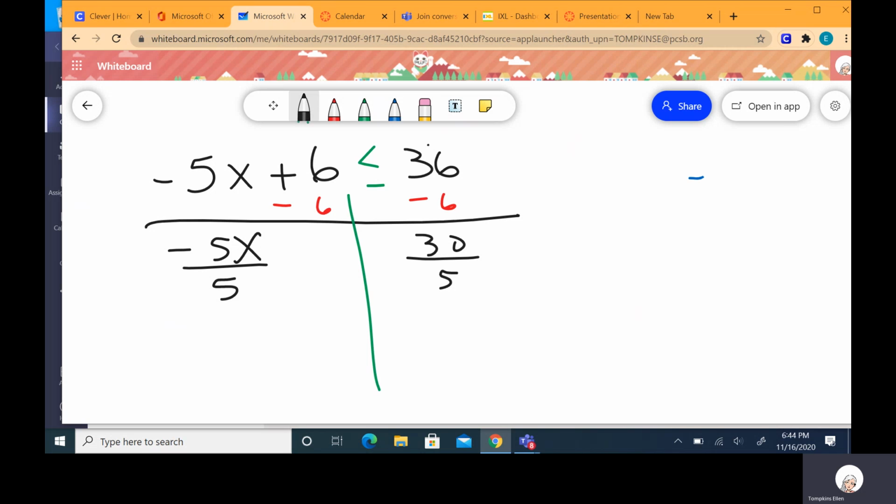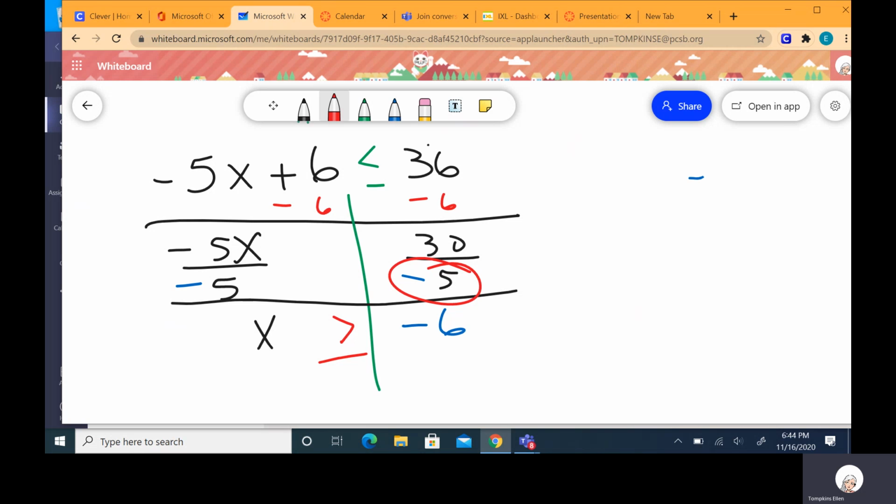But wait, my x doesn't want to wear that negative sign, so that's going to go with it, which will give me negative 6 over here. Now, because of this guy being negative, he's going to flip that sign. And look at one more.